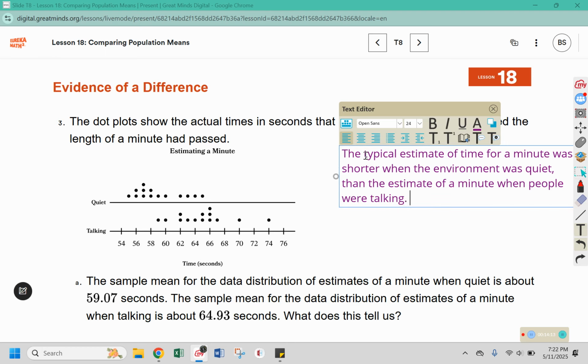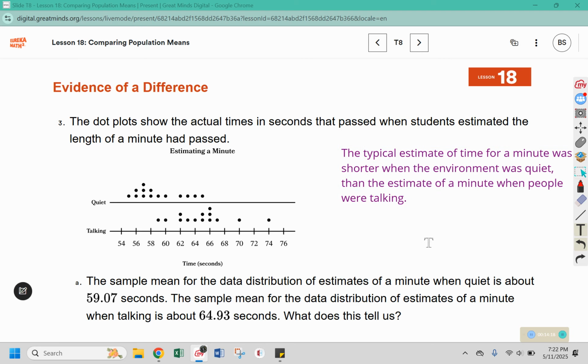Remember that the mean is a measurement of what's typical for the data set. So the typical time that people estimated a minute was shorter at 59.07 seconds than when people were talking.